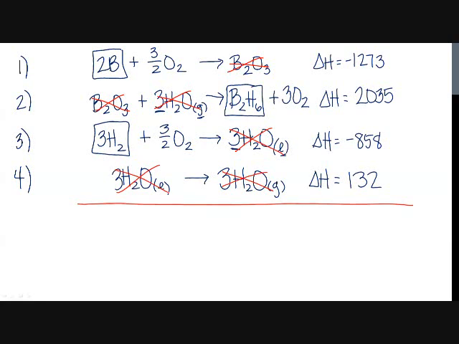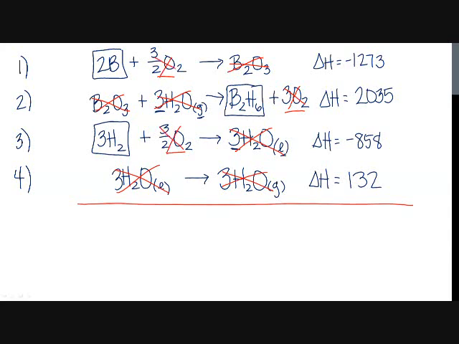Let's talk about these O2s. We've got 3 halves O2 and 3 halves O2 both on the reactant side. So 1.5 plus 1.5 would equal a total of 3 oxygen gases overall, right? Because they're on the same side. Well, that 3 overall will balance with those 3 overall so that everything will cancel out.